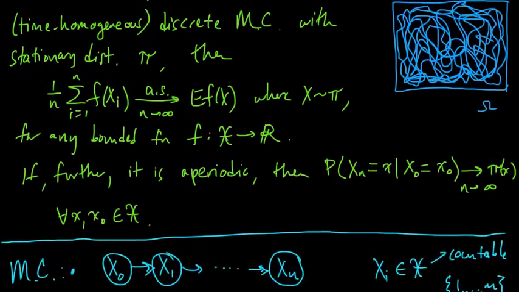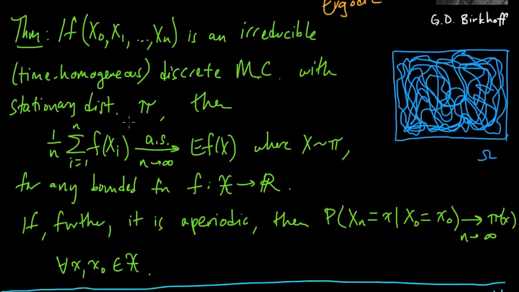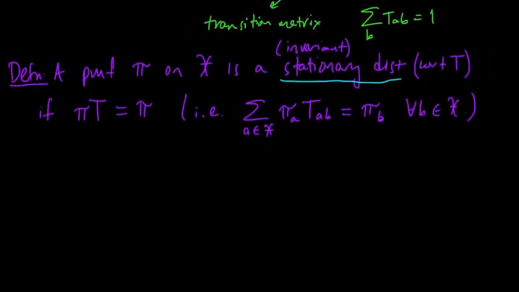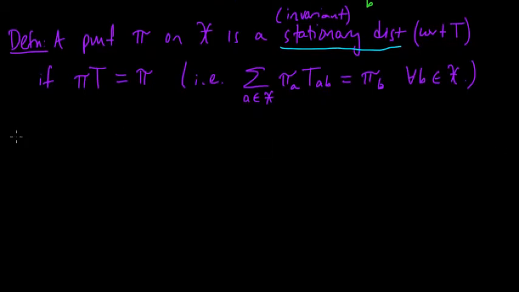What else? Let's go back up here. We've got stationary, we've got time homogeneous, and we need to define irreducible. So let's do that next. Irreducible Markov chain. We'll take a look maybe in the next video at some examples to make all these concepts concrete.